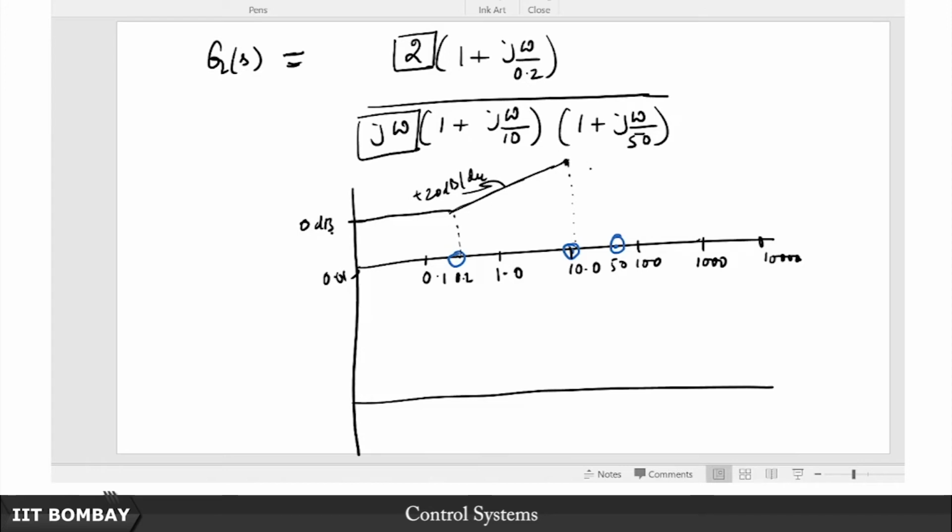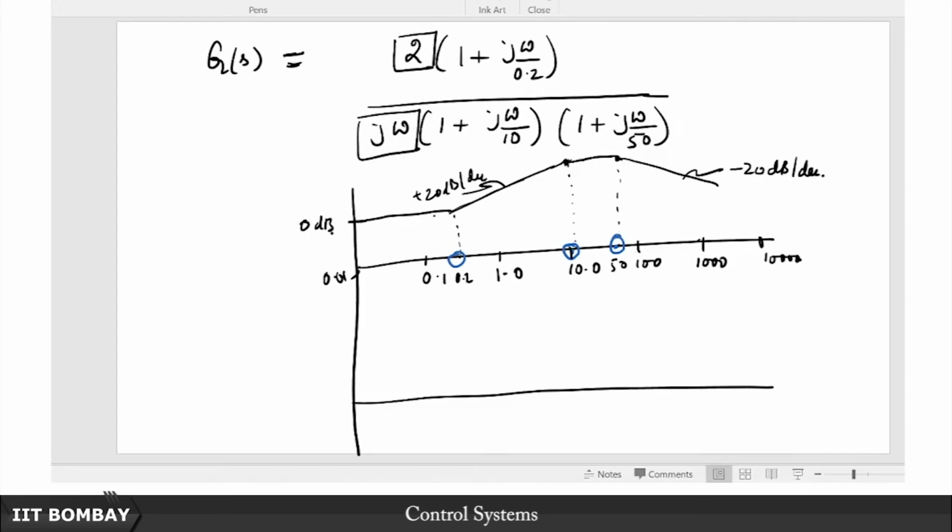But here I encountered a pole, so then I better draw it like this, because now it is going to be a flat line until I encounter the next break frequency, which again happens to correspond to a pole. So then I again start dropping at, okay, this does not look like 20, let me just add this. So this is 20 dB per decade again, but this is minus 20 dB per decade.